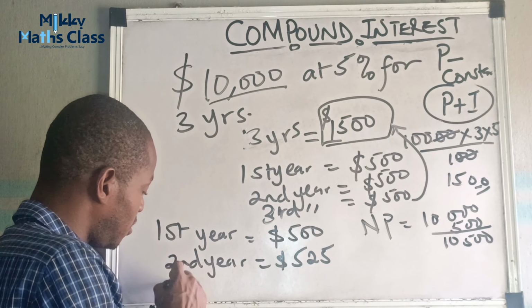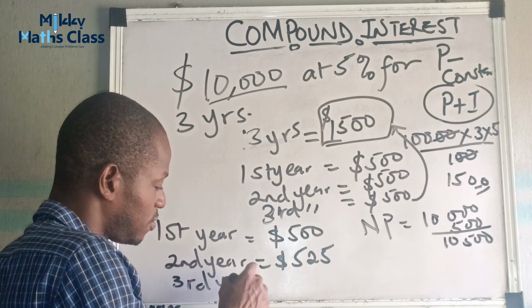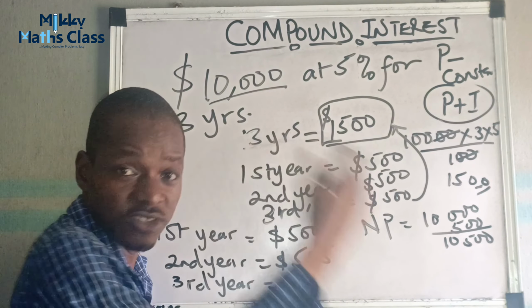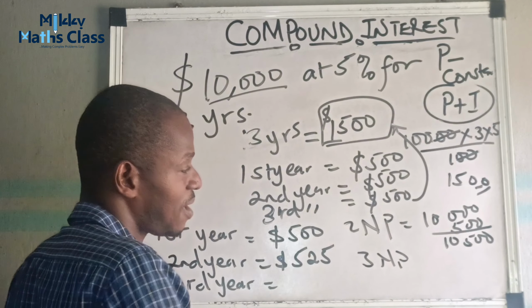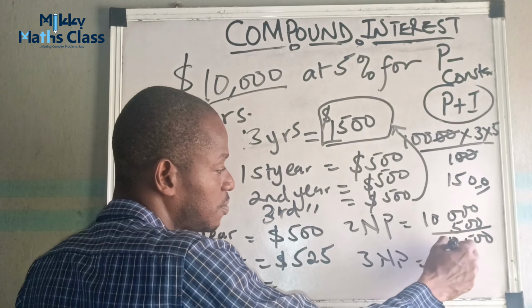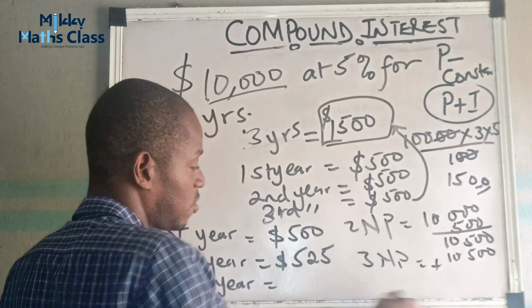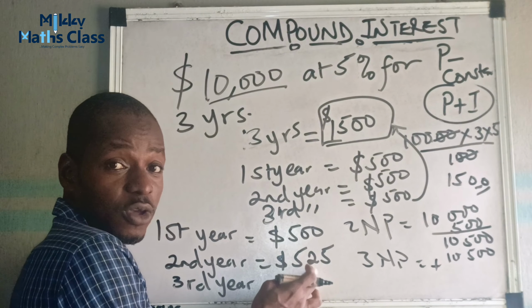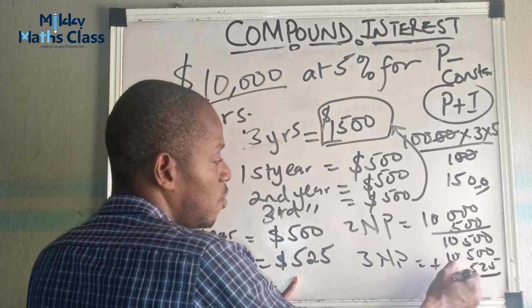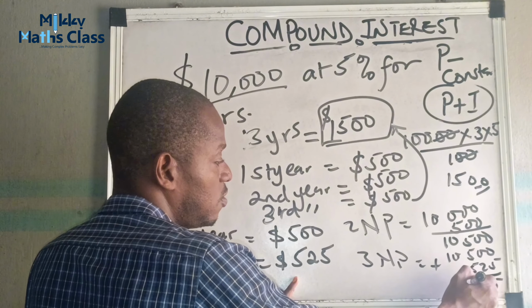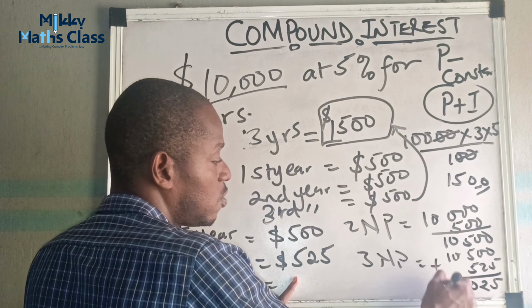Now, for the third year, the same thing will happen. We will have a new principal for the third year. It will be $10,500 plus the previous year's interest, that's $525. We add them together, and this is $11,025.